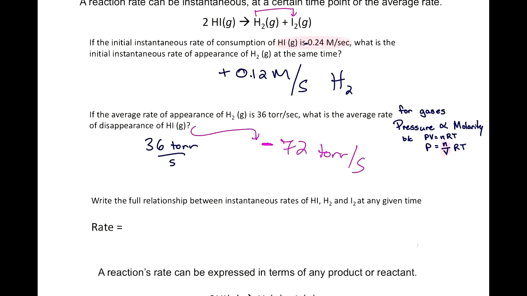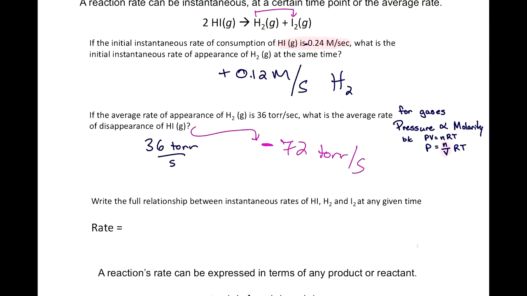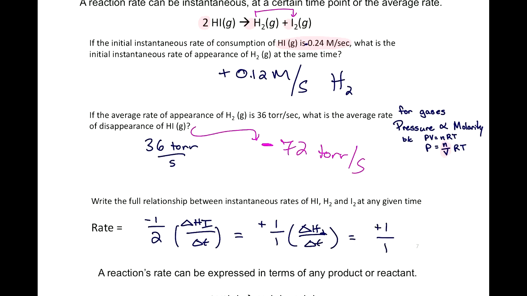Right, and so if we want to write the full relationship here, just like before, the numerator is the stoichiometry in the equation. So in this case, negative 1/2 change in HI concentration over time equals positive 1 over 1 change in H2 concentration over time equals positive 1 over 1, because stoichiometry is 1, change in I2 over time.